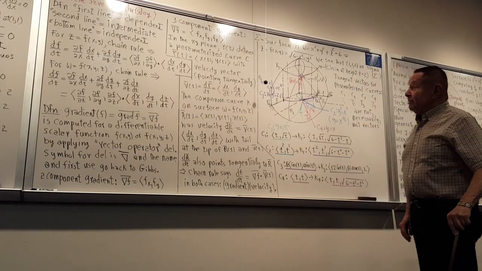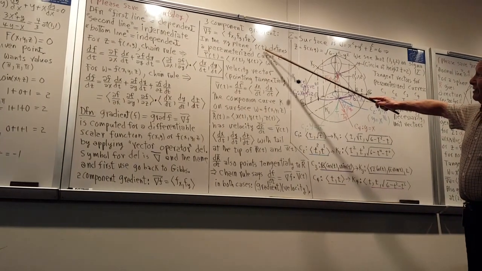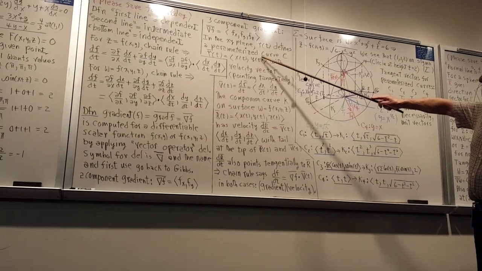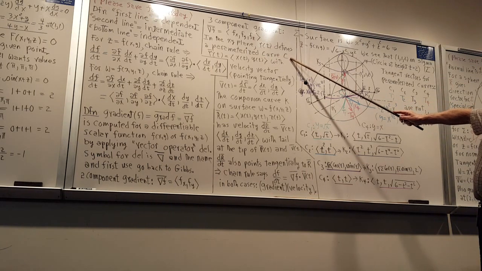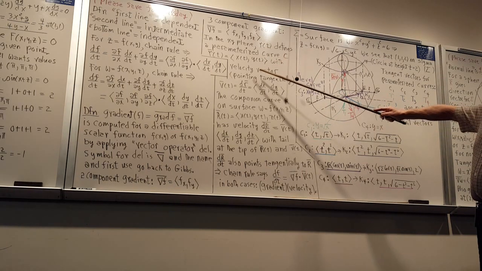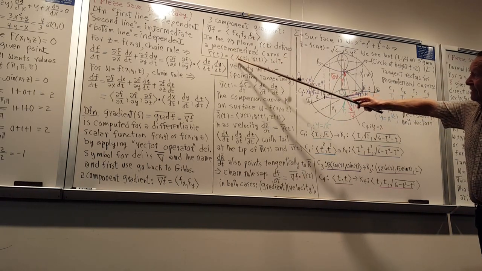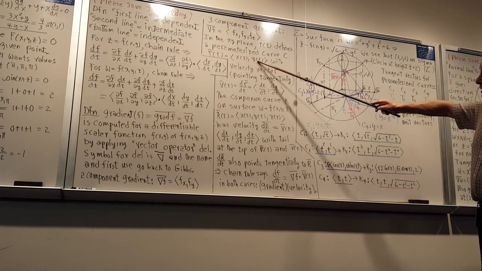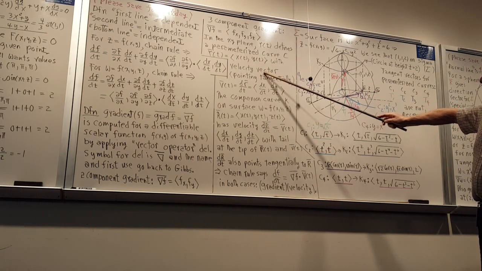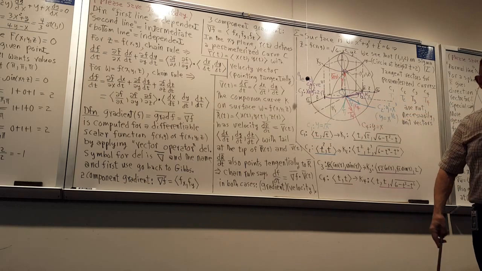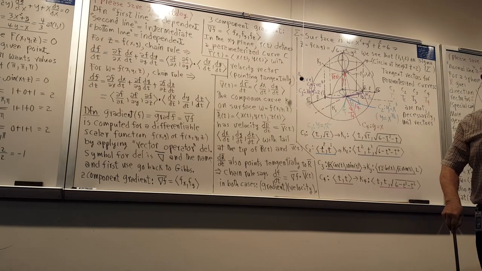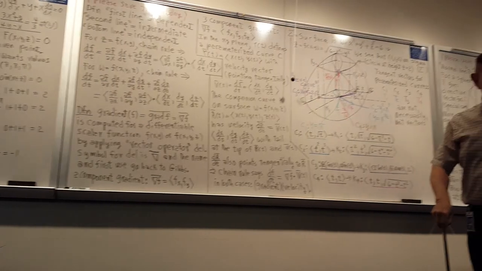In the xy plane, r(t) would define a parameterized curve, say you call it C, and if r(t) is defined this way, then the velocity vector, which remember is the tangent, is always pointing tangentially.